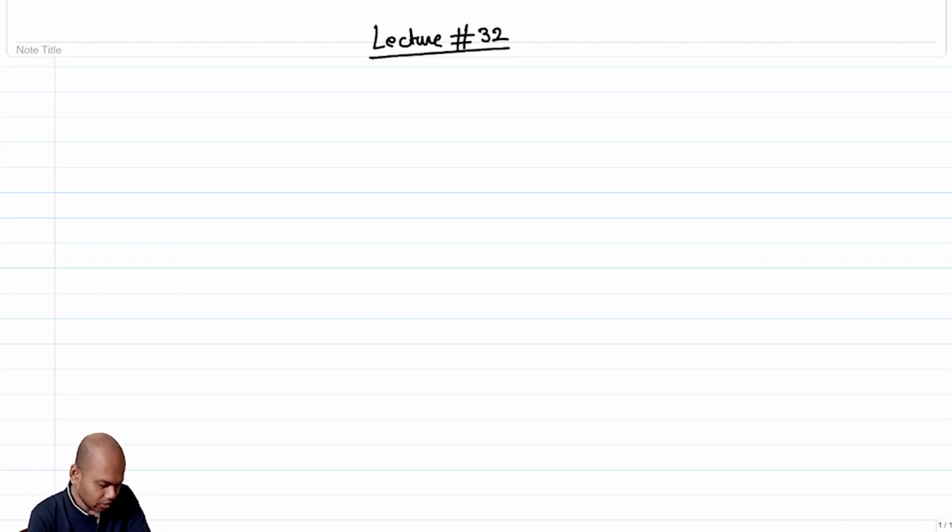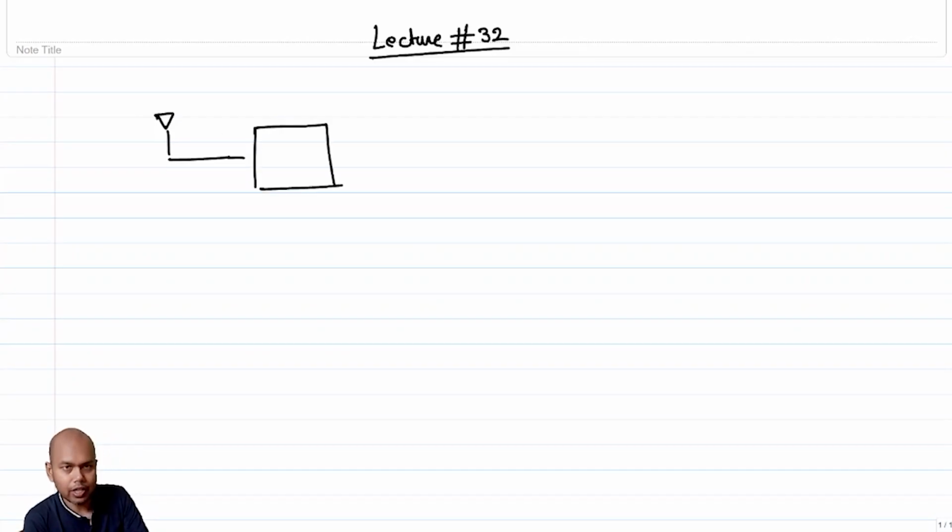Okay. So now again we have an antenna and we have an LNA. Now what is an LNA in principle? An LNA is a block which obviously has to take into account matching. So I'm assuming matching has been taken care. It's an amplifier, right? But in principle, is it a voltage control voltage source, or is it a voltage control current source?